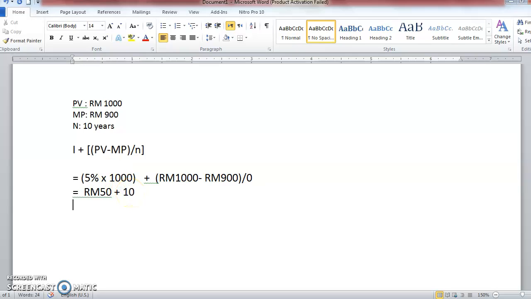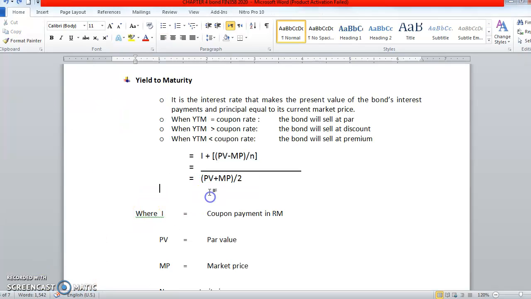So, this is the top of the formula: 50 plus 10. And this is how you calculate the second part. Divide by 10, 10 tahun maturity. Itu adalah example sahaja.